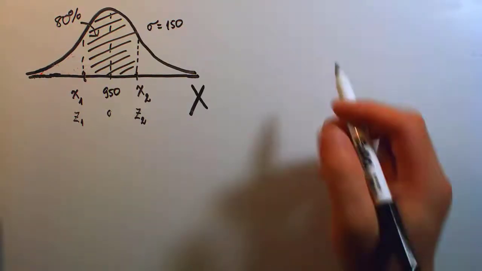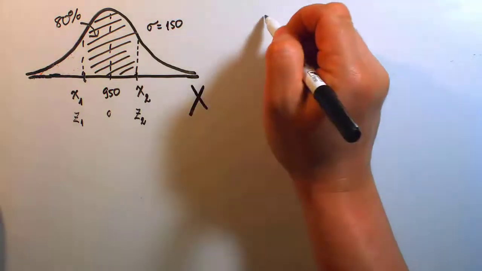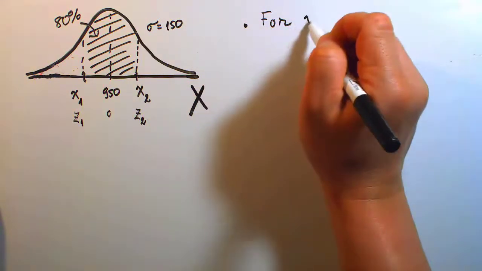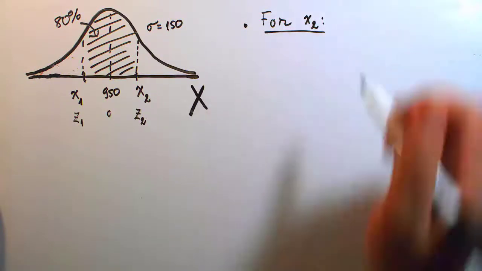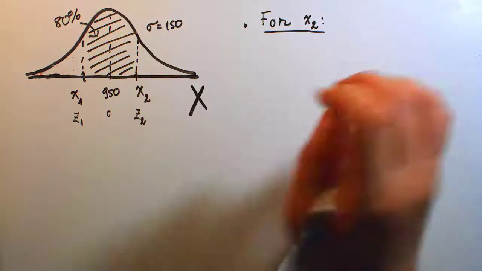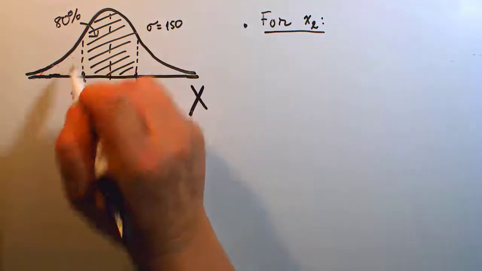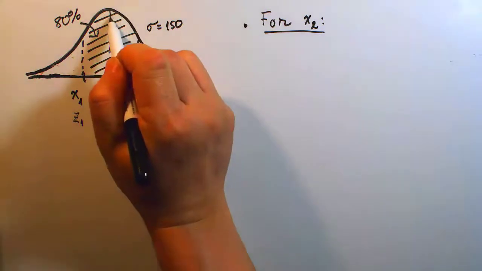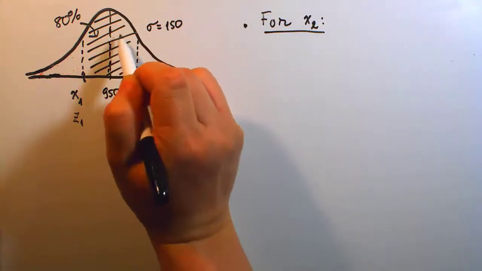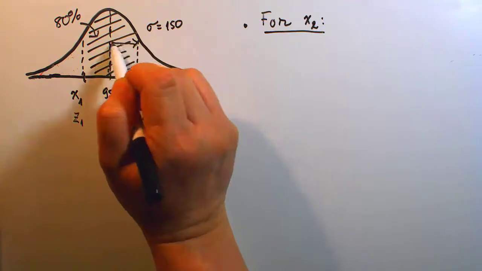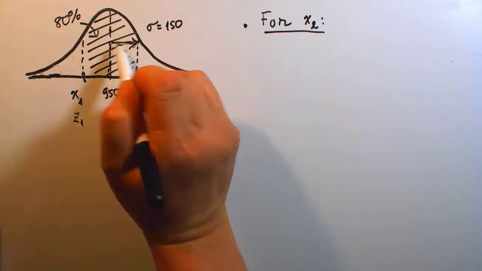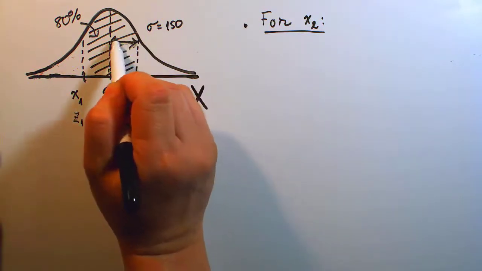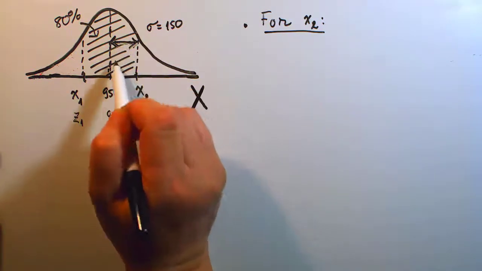And so the same problem, but in case anyone starts out by finding x2 first. So for x2 as a start, if we're starting completely independently, starting with x2 here, then from where the center of the bell curve is to x2 right here, that area indicated by my double arrow here, it's exactly half of our 80%.